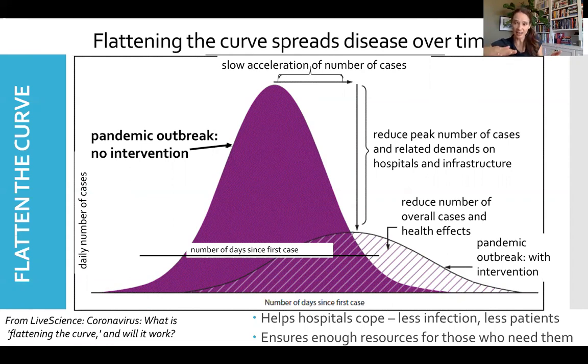So if we flatten it, hospitals will remain able to take care of people, and we'll also have enough resources for the people who need them, like personal protective equipment, or PPE, for healthcare providers, and ventilators and medicine for the people who are sick. So flattening the curve is really important to helping us take care of the people who are sick. And think about taking care of grandma and grandpa. We want that curve flattened so that if they get sick, there's enough room in the hospital for grandma and grandpa.